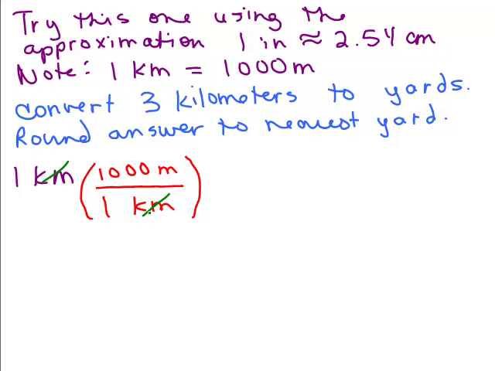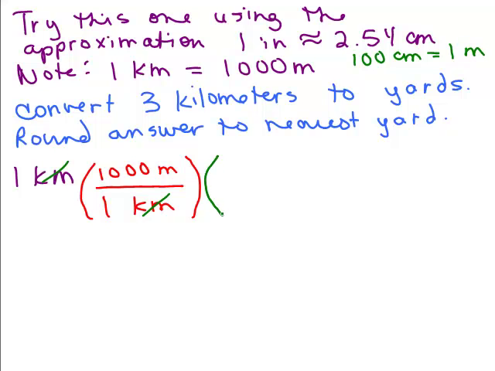Now, actually, it would be more convenient if I had centimeters. So let's see. I kind of did this the long way, that is, if you already knew how many centimeters were in a kilometer. But I'm now going to use the fact that 100 centimeters is the same as 1 meter.